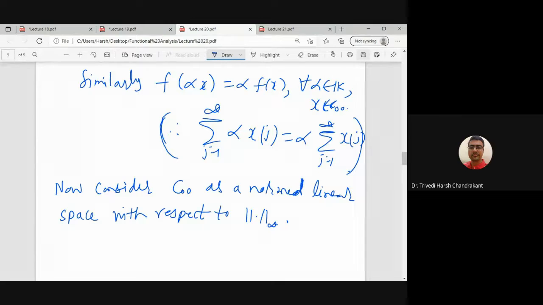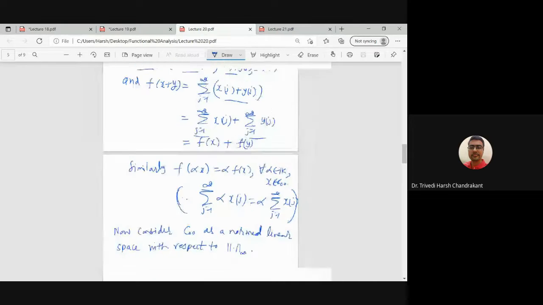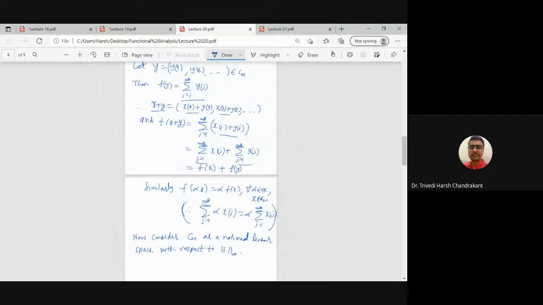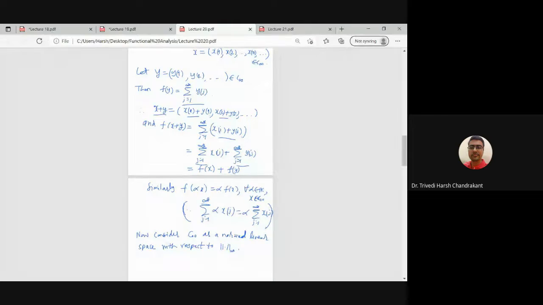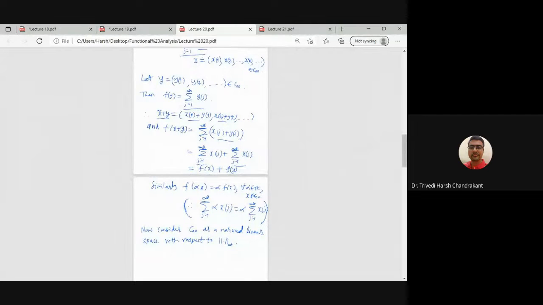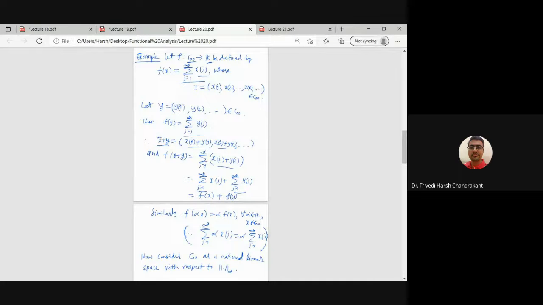There is no other norm which we define on real and complex numbers. So with respect to that, whether this function is continuous or not. So if we want to show it is discontinuous, what will we do? What do we need to show?